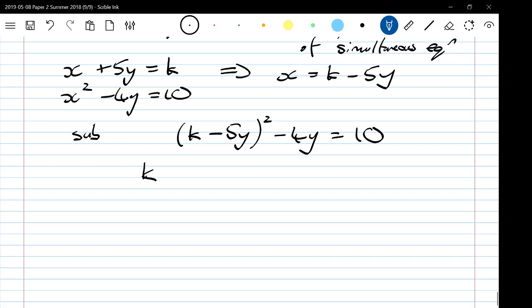That gives me k squared minus 5ky minus another one, so minus 10 times k times y plus 25y squared minus 4y is 10.